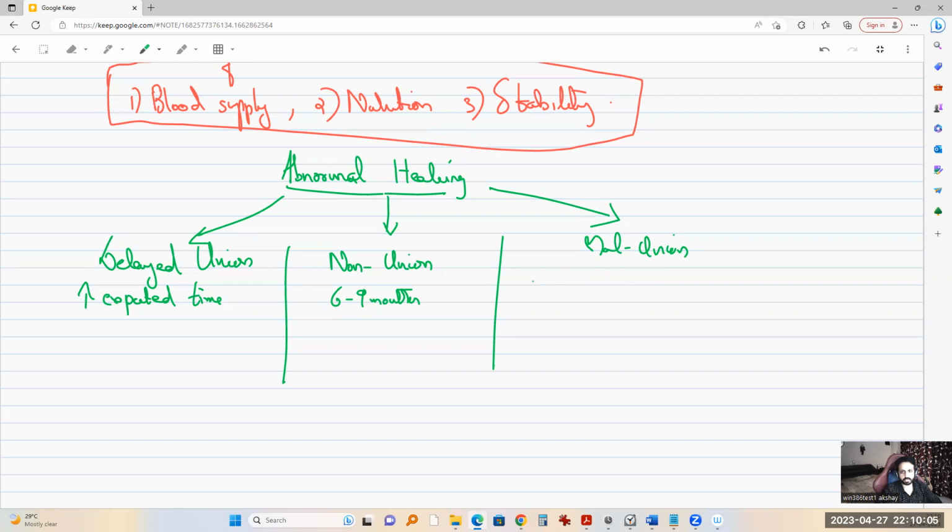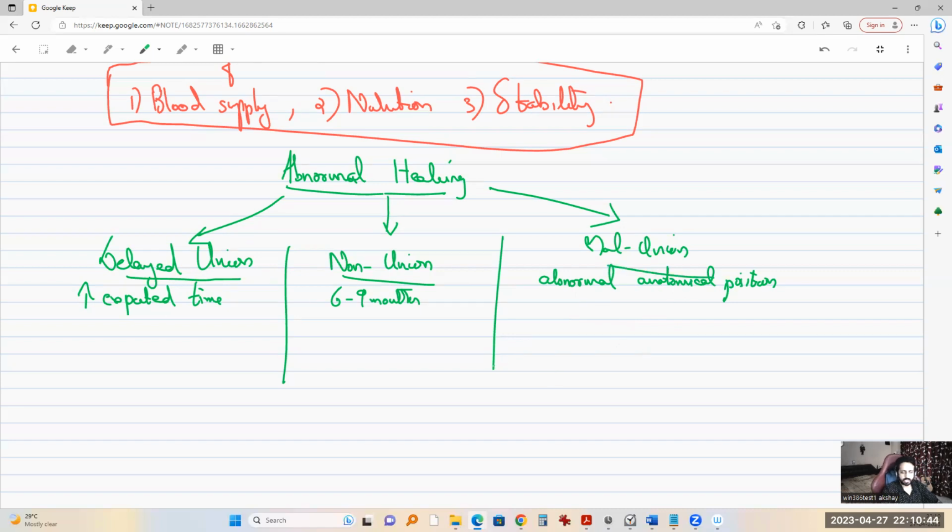Then in malunion, the bone heals, but in an abnormal anatomical position. For example, it might be crooked, just like our politicians. So these are the three terminologies that you'll encounter when talking about abnormal healing.